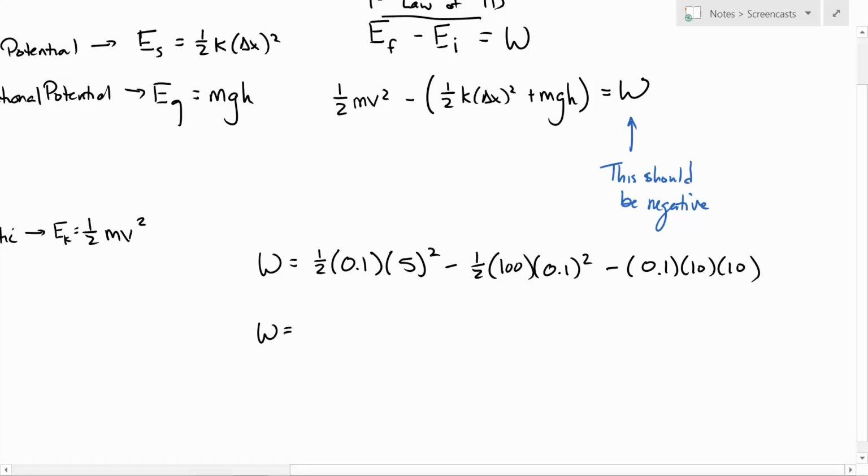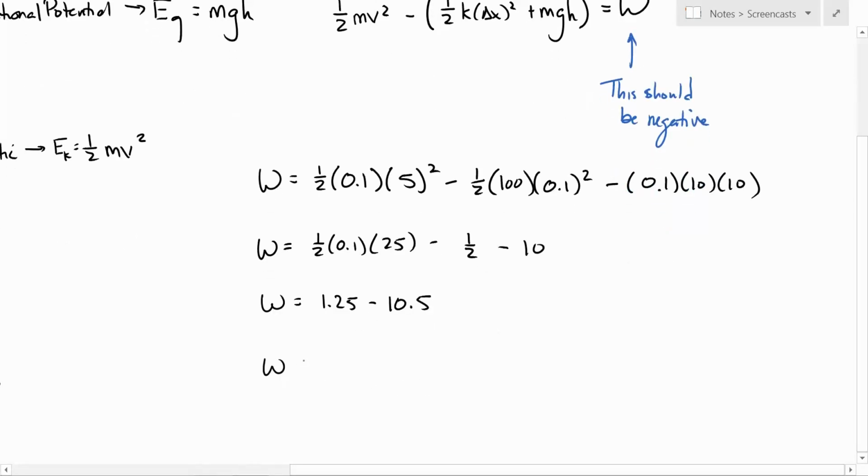So let's see here. This is 1/2 times 0.1 times 25. A tenth times a tenth is a hundredth, so this is just a half. This is 10. So half of 2.5 is 1.25, minus 10.5. So the work is minus 9.25 joules. Indeed, negative as we thought.